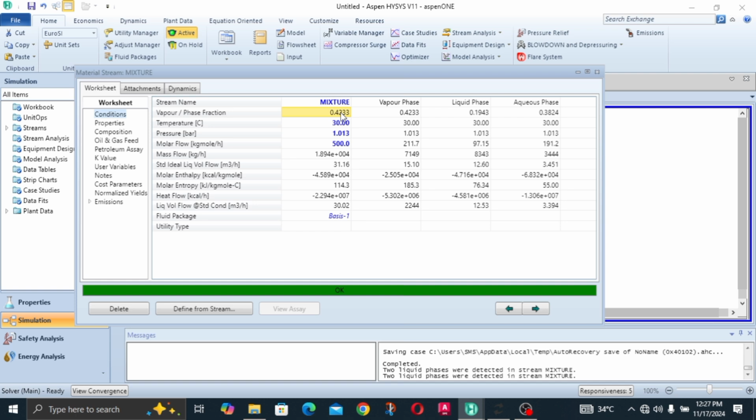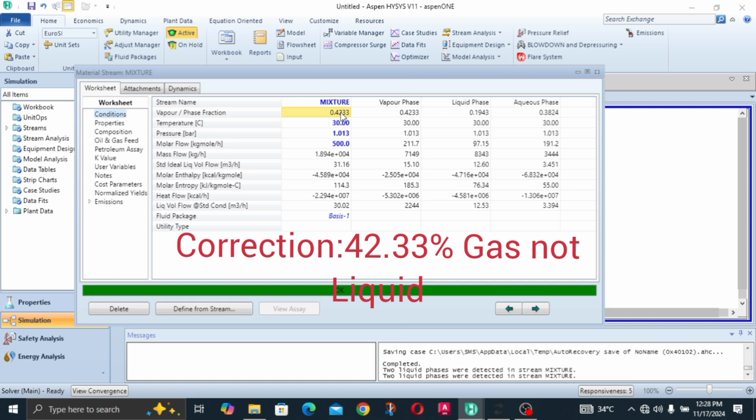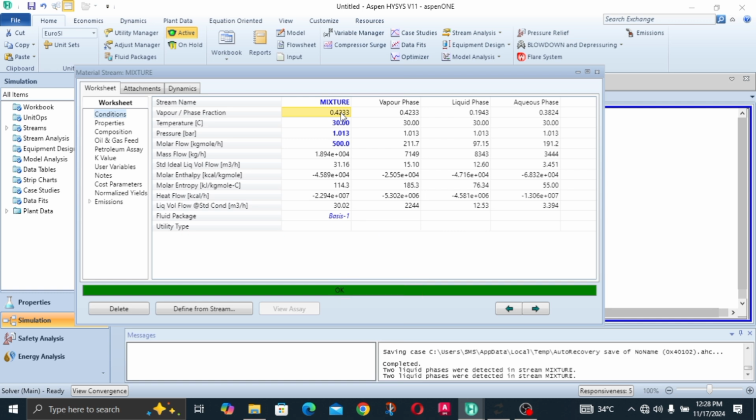That's our vapor fraction, telling us that we have 42.33% liquids in our mixture, so the mixture entails more liquids than gas. But it doesn't really matter for a three-phase separator, because a three-phase separator is always in the horizontal form.